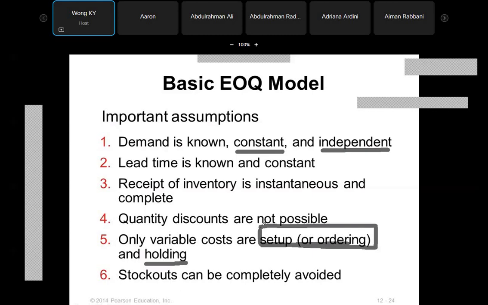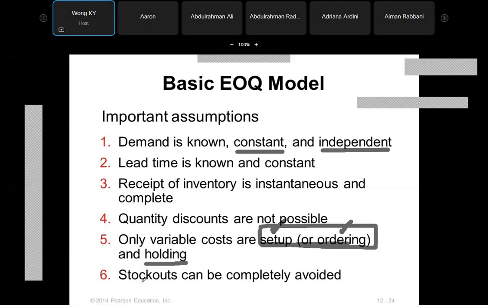If they manufacture it in-house, then setup cost will be relevant. If they purchase it from a supplier, then ordering cost will be relevant. So it's either one of these. And holding cost, I already explained in great detail just now what the elements of holding cost are.